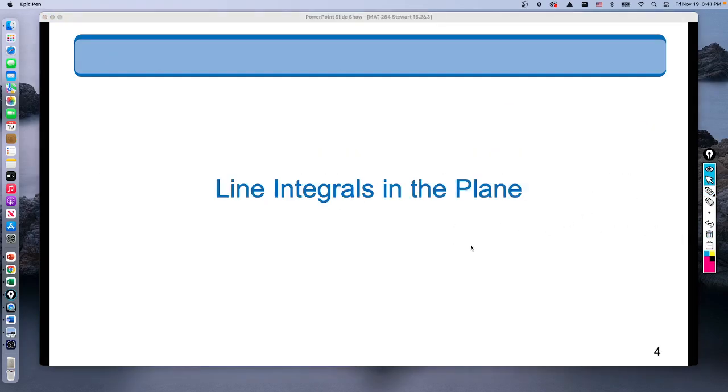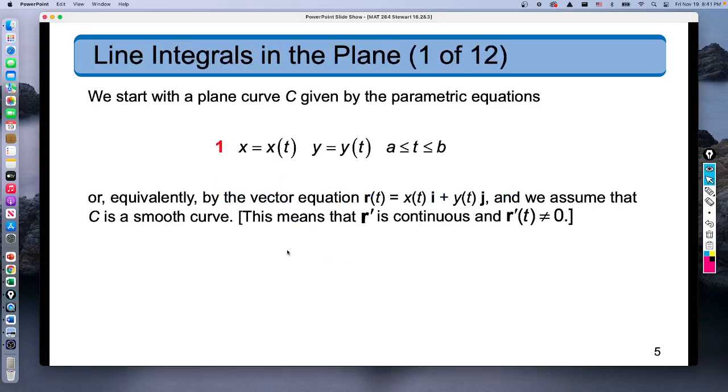So line integrals in the plane. Our first rule is x is equal to x of t. This is parameterizing our variables x and y into a third variable, as we started off with very early, and then we let the parameter variable go from a to b.